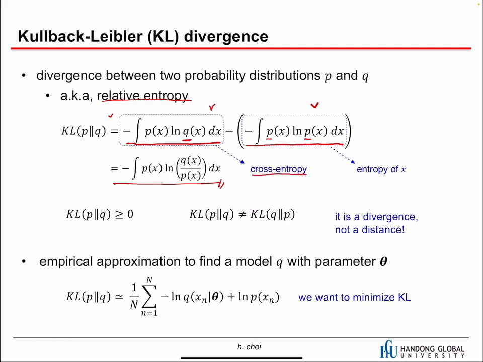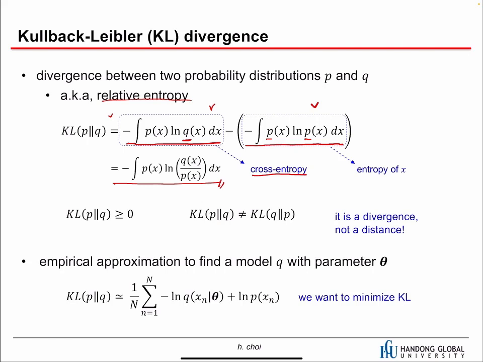We're going to talk about this cross entropy later. Cross entropy is really popular in machine learning as an objective function in image classification or in language models, and in general, in supervised learning, we use cross entropy a lot.